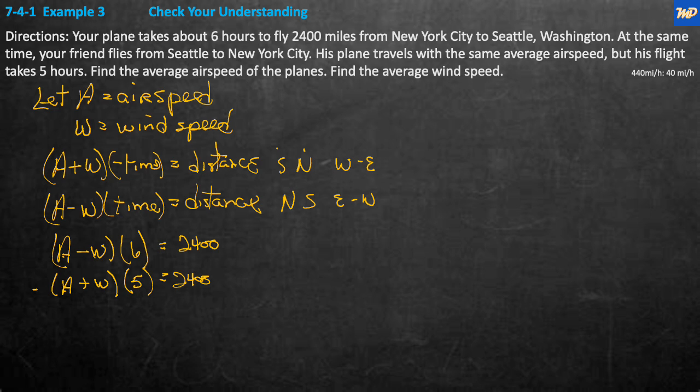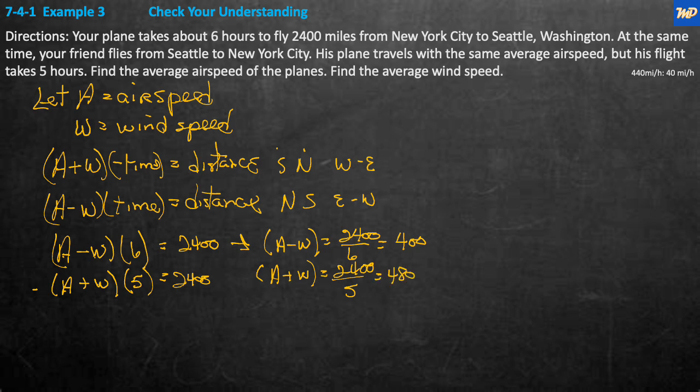So I'm going to say A minus W is equal to 2,400 divided by 6, and that's going to be equal to 400. And the other one is A plus W, equal to 2,400 divided by 5. And what is that? That's going to be equal to 480.